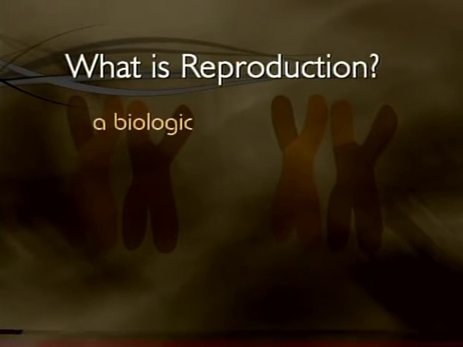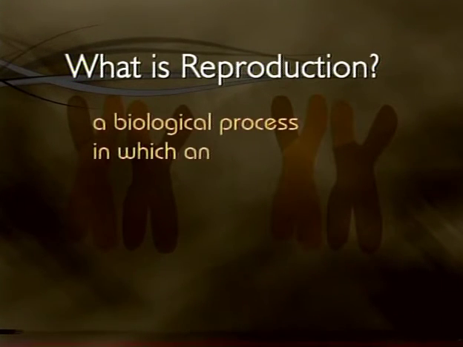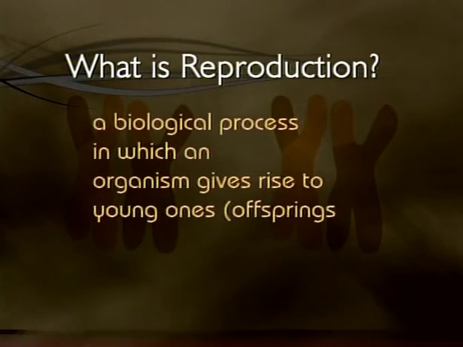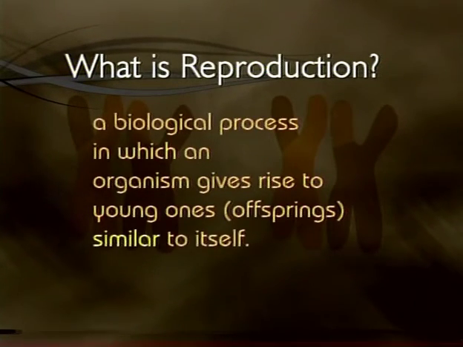Reproduction is defined as a biological process in which an organism gives rise to young ones or offsprings, similar to itself. Did you listen to the definition carefully? It said, reproduction involves organisms producing offsprings which are similar to oneself.